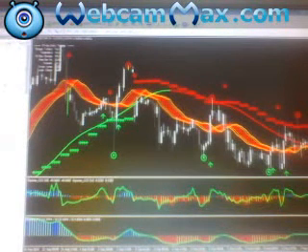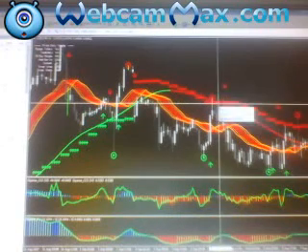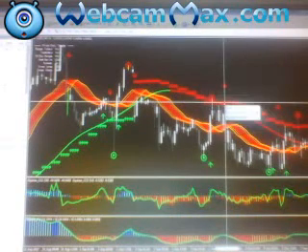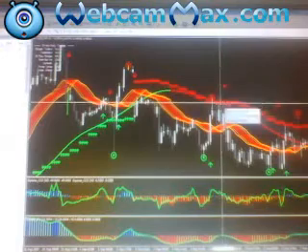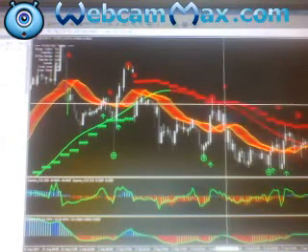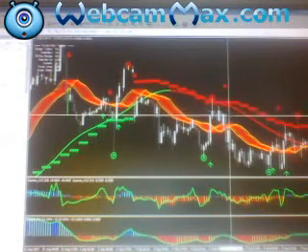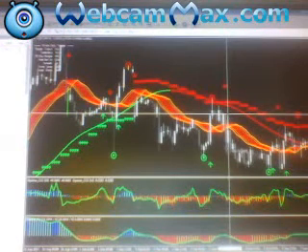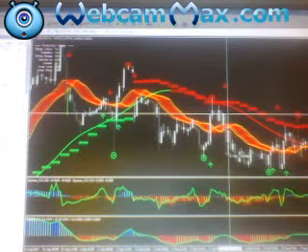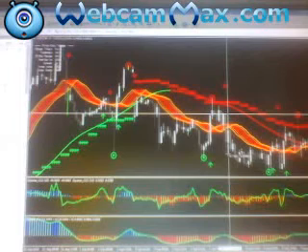So we get another opportunity right here for a sell trade. The trend line is red, the previous ring is above the price, so we take a sell trade here. Exit within 1 hour, make 46 pips. In other words, it can be 46% of your capital.